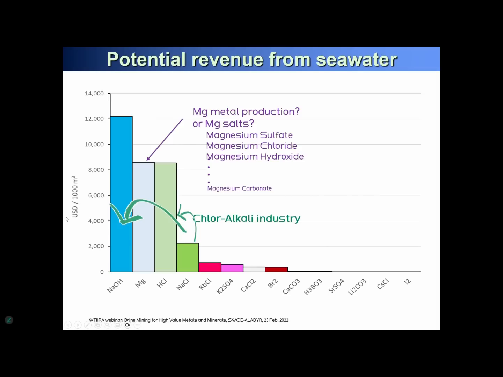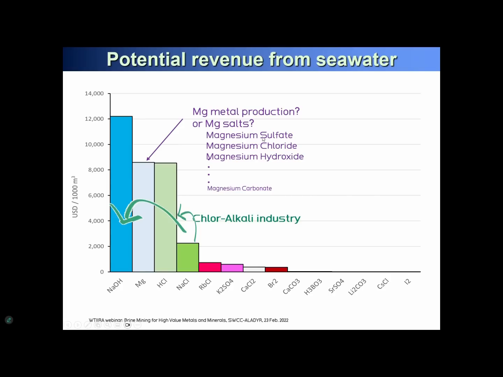So you can see again the price in US dollars for 1,000 cubic meters, and this is what could be the best value we can produce. So Saudi Water Authority already have identified magnesium metals, magnesium salt, also magnesium, calcium.